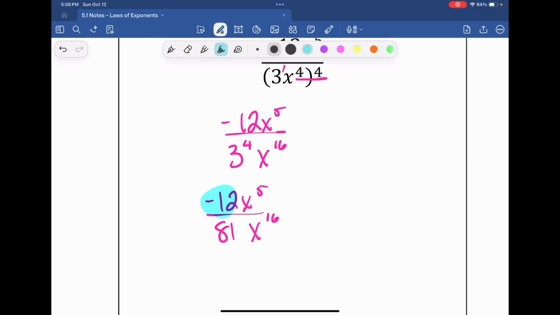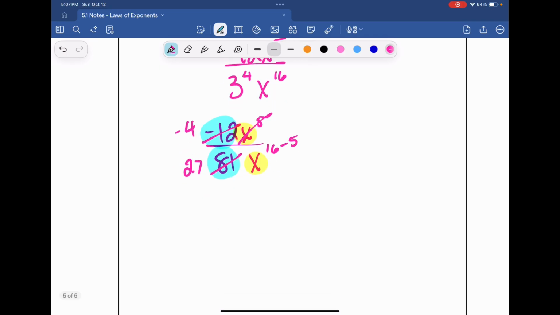Negative 12 and 81 can both be divided by a 3. 3 goes into negative 12, negative 4 times, and into 81, 27 times. X to the 5th by x to the 16. Dividing by the same base, subtract your exponents. 5 is smaller. It was positive, now you're subtracting. X to the 11.